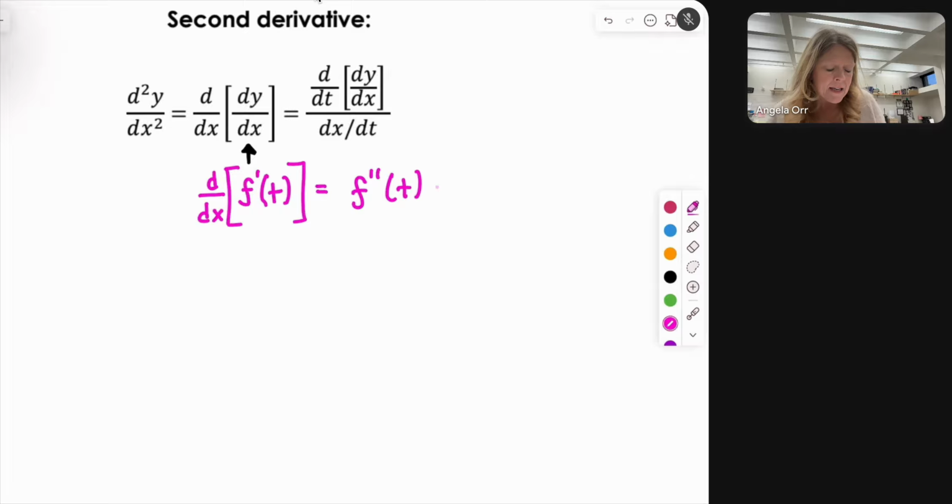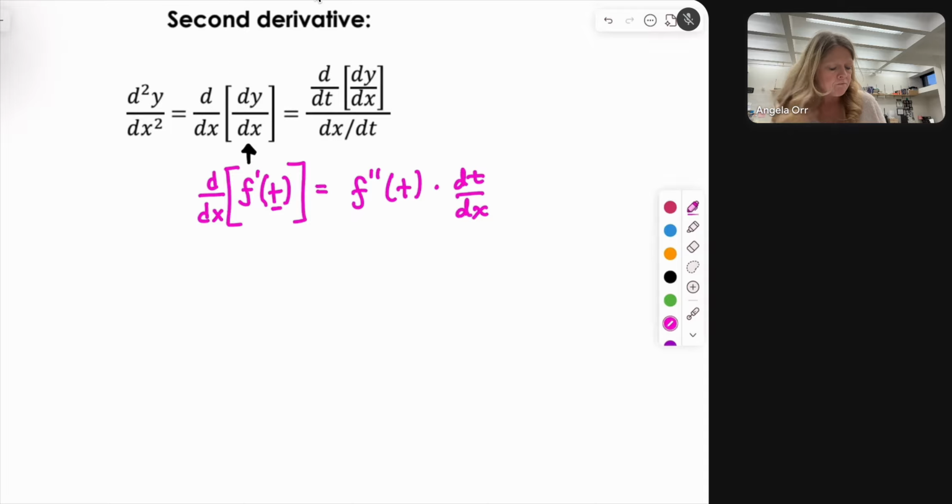And our variable that we are differentiating here, t, also needs to be differentiated with respect to x. We need to apply the chain rule here, and so we need to multiply by dt/dx because we are taking the derivative of the t variable with respect to x.